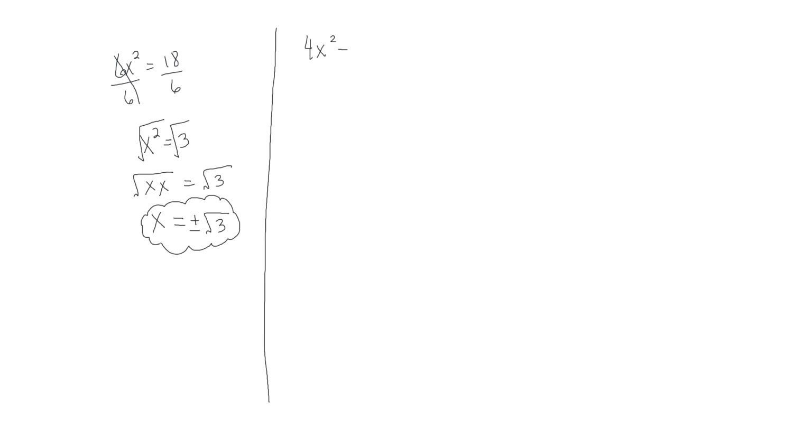4x squared minus 5 equals 0. I want to get the x squared by himself, so I'll move away the 5. So 4x squared equals 5. Divide by 4, both sides. x squared equals 5 over 4.